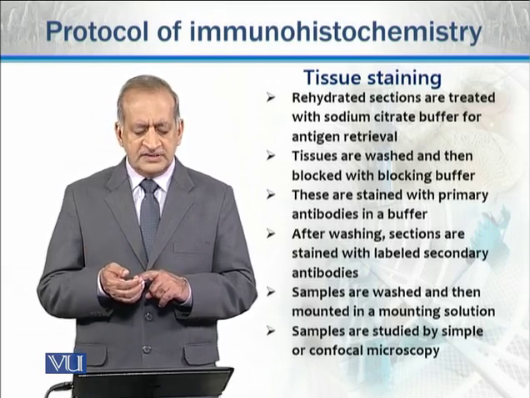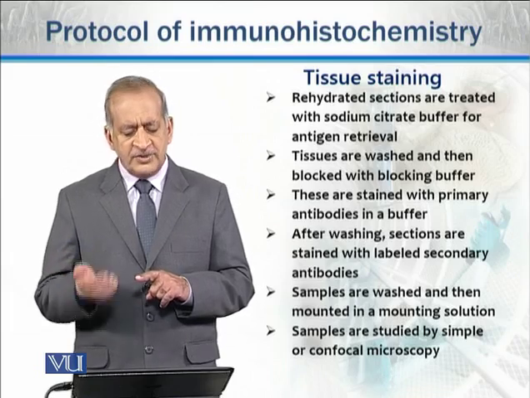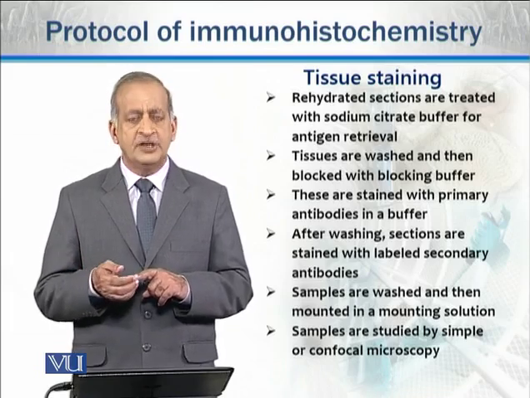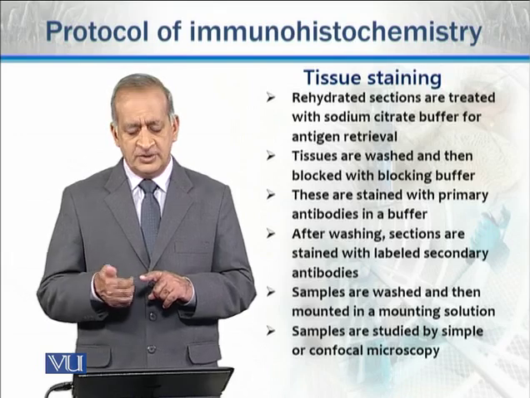After washing, sections are stained with either a labeled primary antibody in a buffer, or they may be stained with a labeled secondary antibody if the primary antibody is unlabeled.